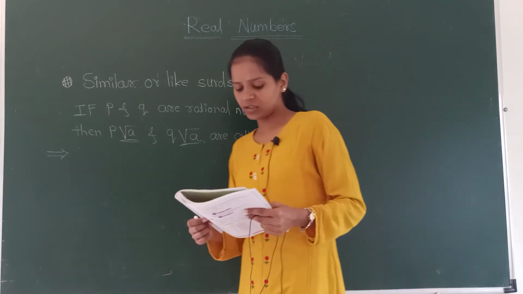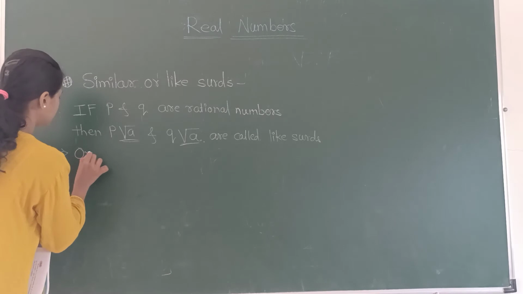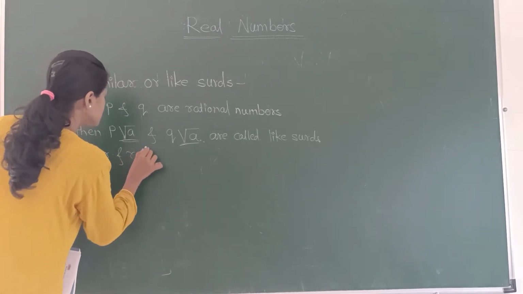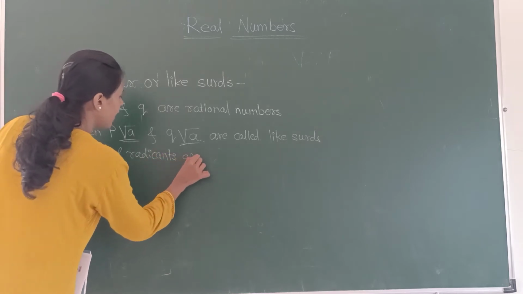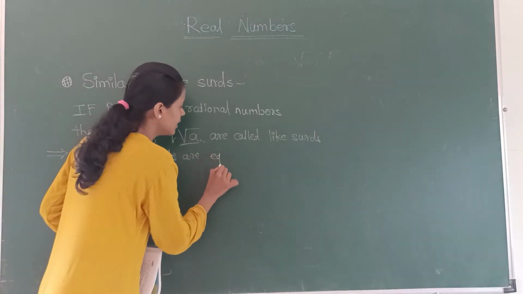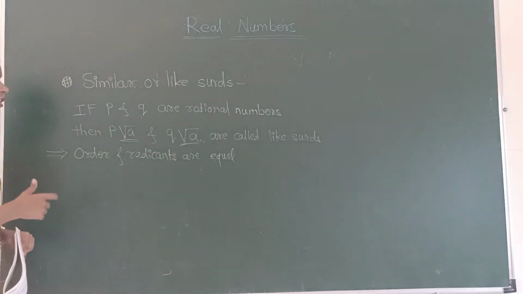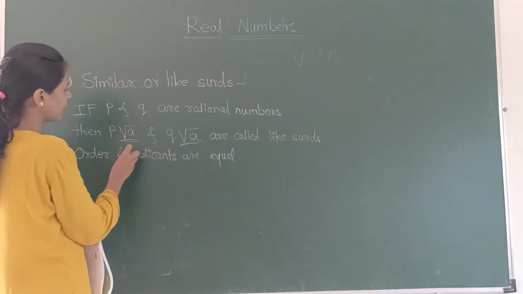Because the radicand and order are equal. If the order and radicands of the given surds are equal, then they are called similar or like surds.